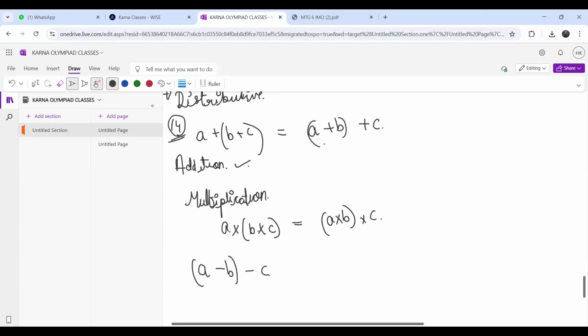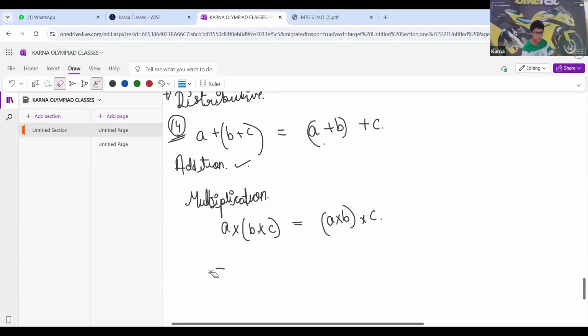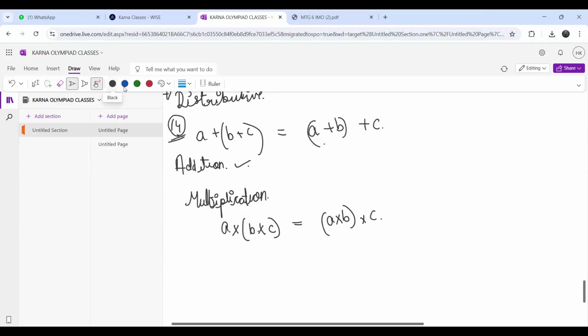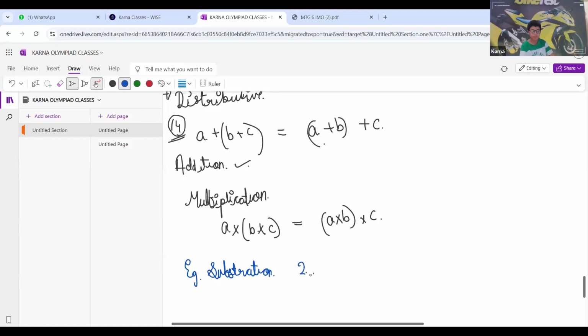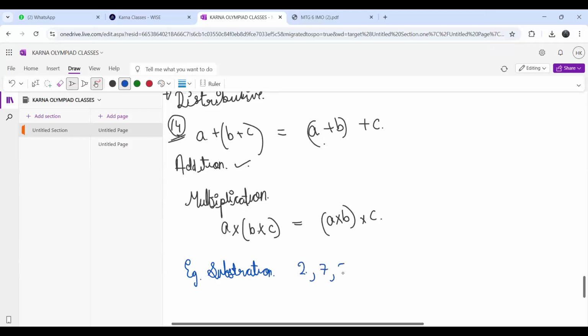Let's take one example to prove this so that your confusion gets clear. Ma'am, I'm not confused. Okay, still, let's take one example. Let's take three numbers: 2, 7, and 5.